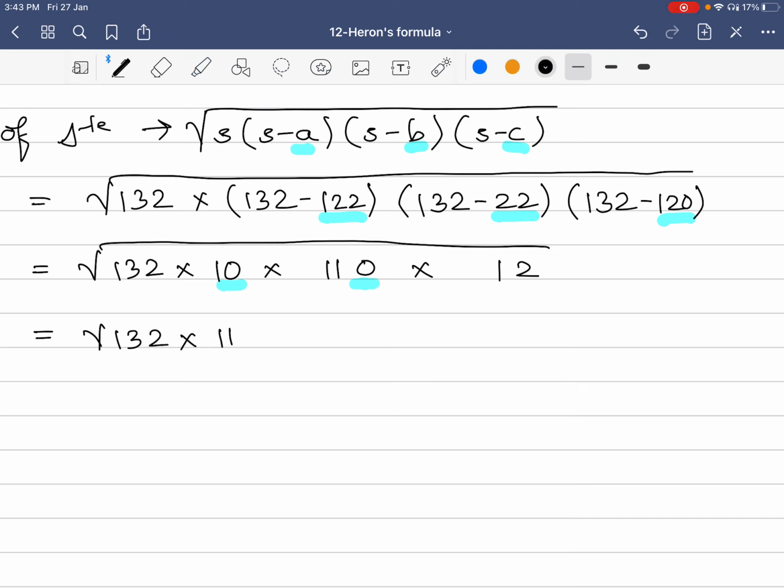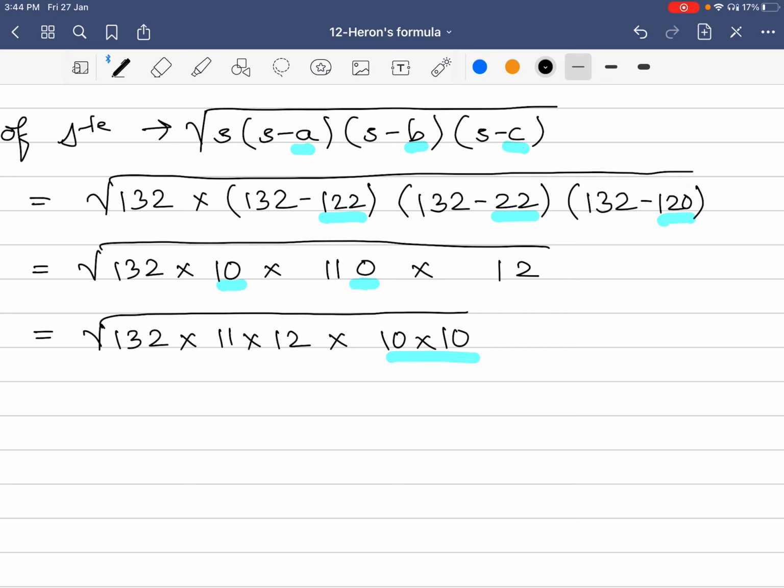So 132 into 11 into 12 into 10 into 10. I'm just rearranging the numbers under the square root so that it becomes simple to find the square root of this whole product.